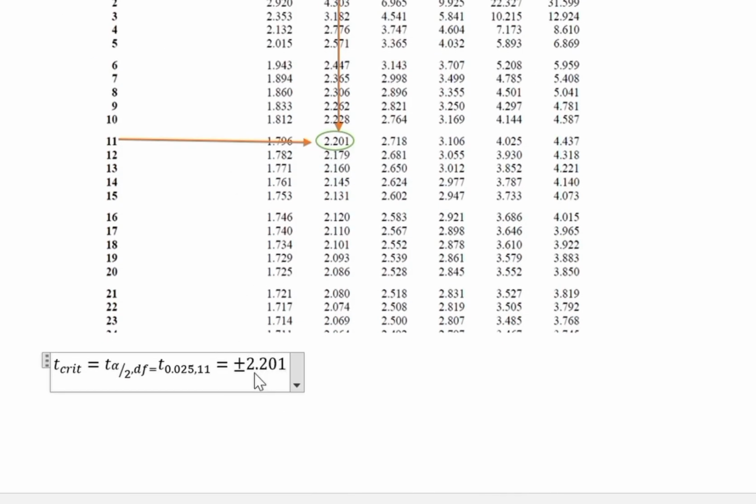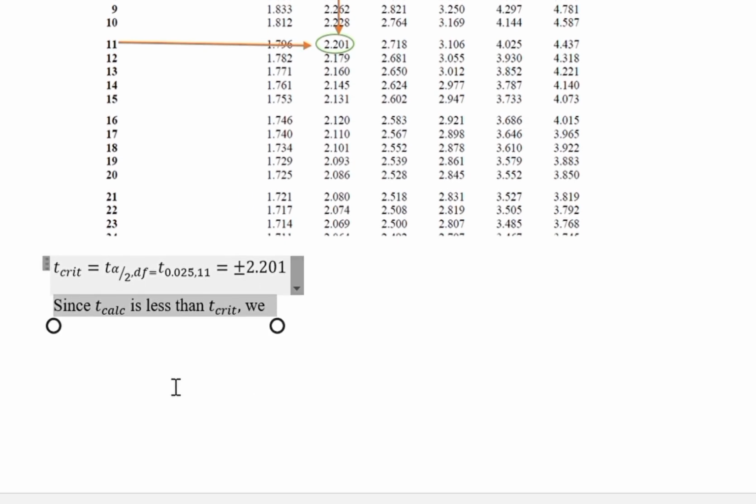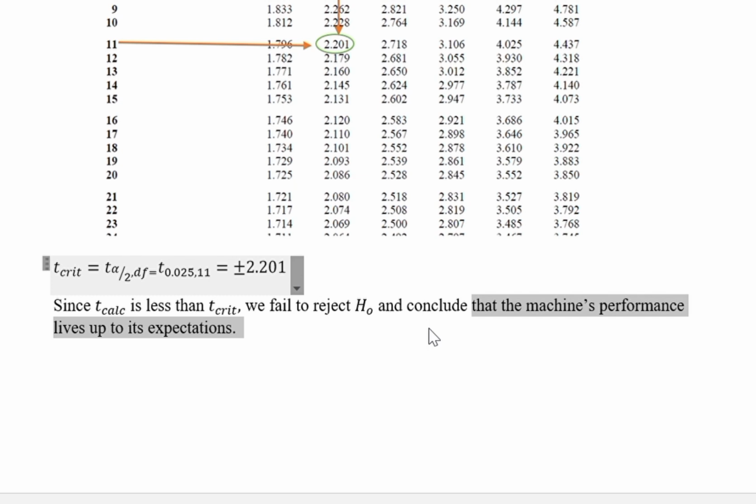And therefore, since the t calculated is less than the t critical, we shall fail to reject the null hypothesis and conclude that there is no difference between the sample mean and the population mean, meaning that the machine's performance lives up to its expectation. In other words, there is no significant difference between the sample mean and the population mean.